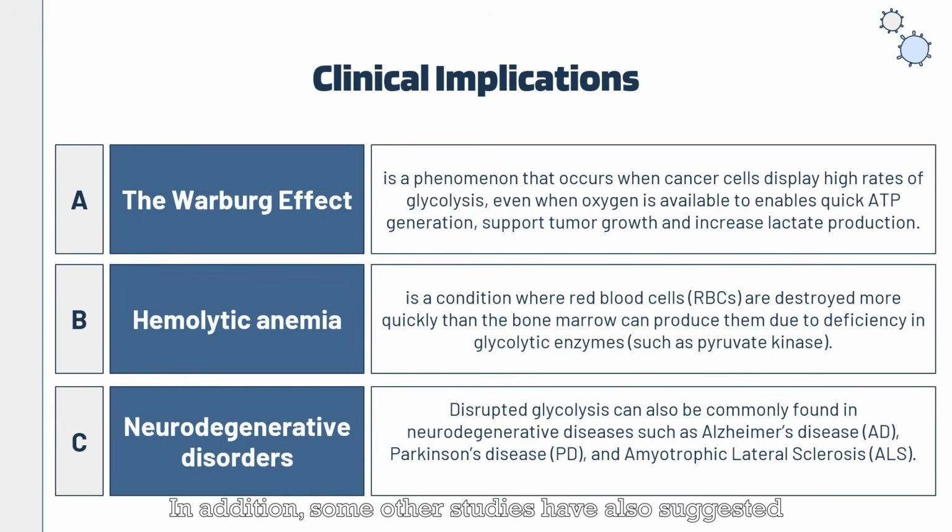In addition, some other studies have also suggested that patients with Parkinson's disease and amyotrophic lateral sclerosis also exhibit compensatory increases in glycolysis of peripheral tissues due to dysfunctional mitochondria.